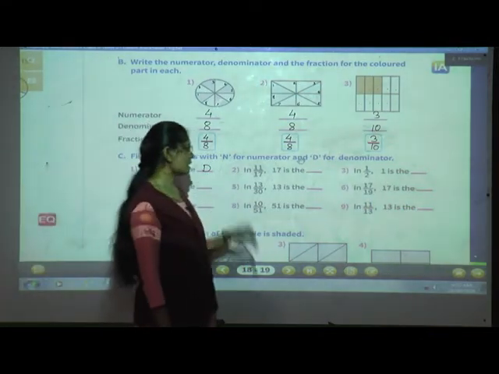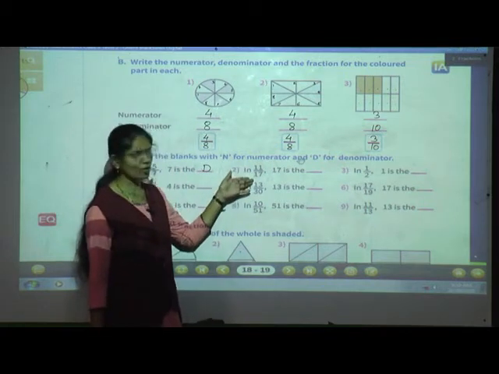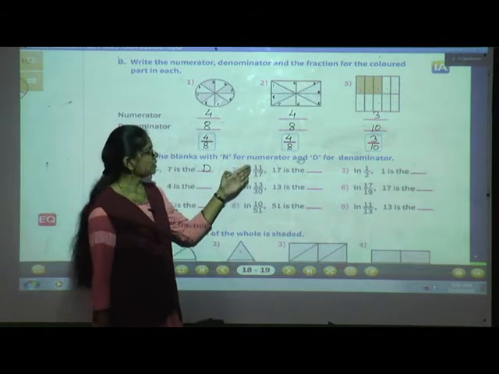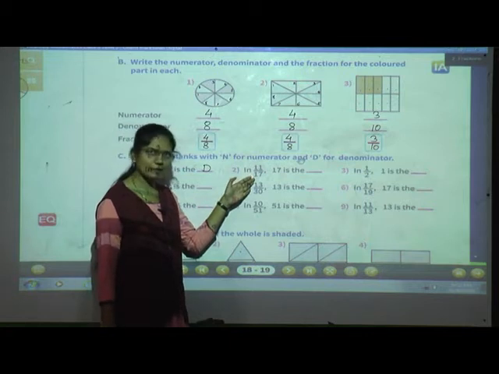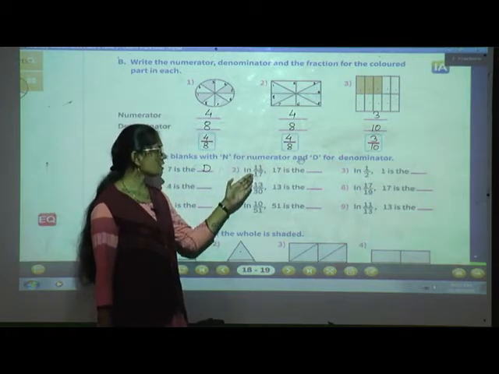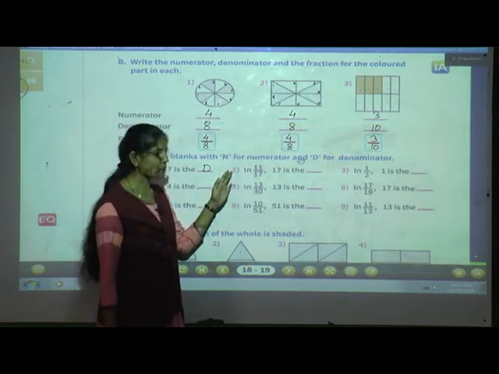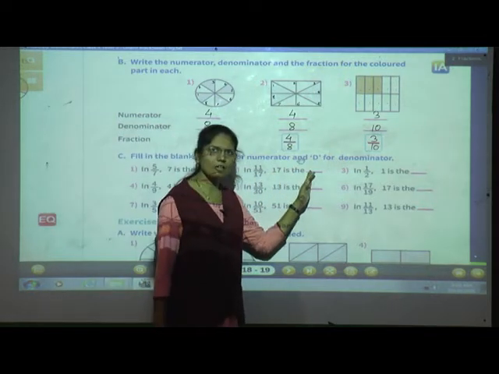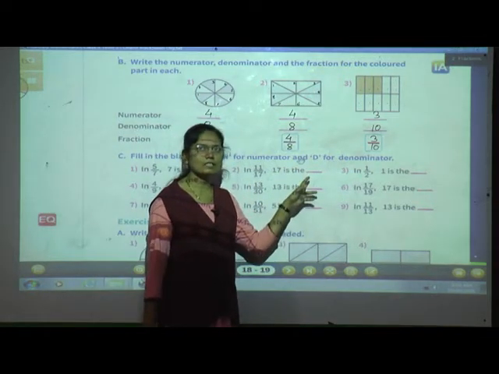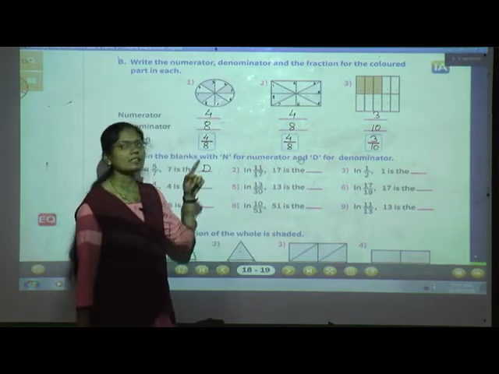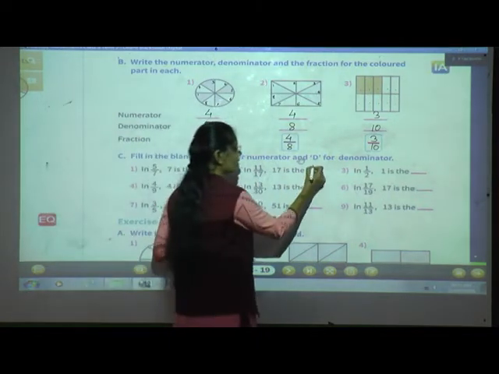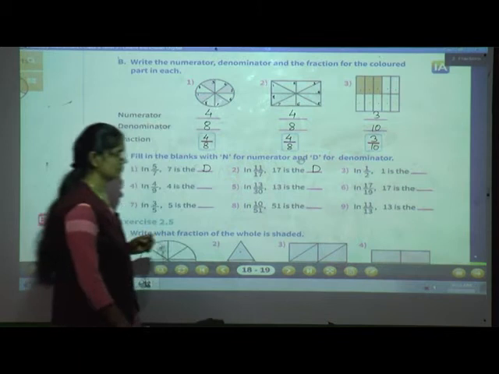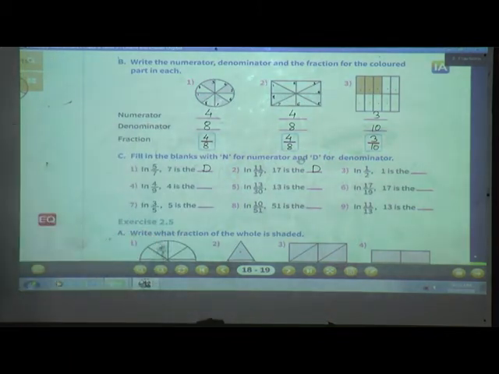Now see the next example. Read 11 by 17. In this fraction 17 is again the denominator only. So write here D. Next, third one.